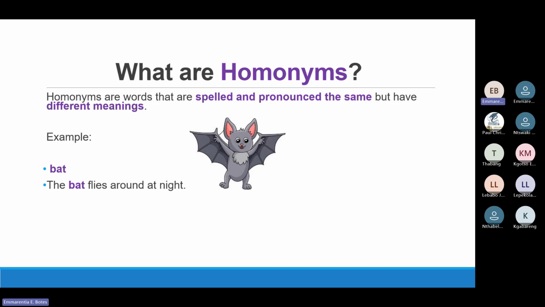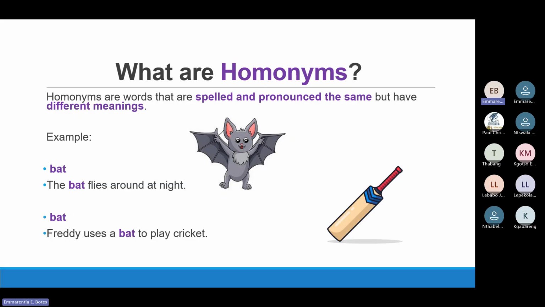There we see the bat, that picture that we will have in our minds. Then bat, now it will have a different meaning, but can you see it is still spelled the same and we pronounce it the same. So, Freddie uses a bat to play cricket. Different picture.